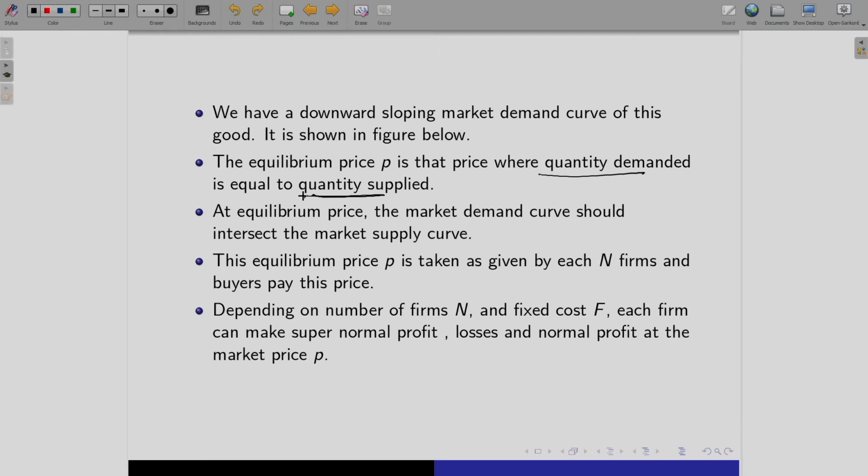It is that price at which the market is cleared, you can say. Whatever quantity is being demanded, that amount is being supplied. Okay? And that price is taken as given by each firm. Okay? So, we will derive that.